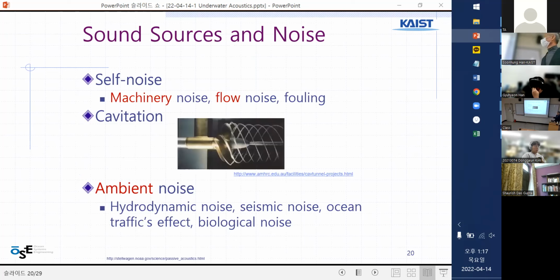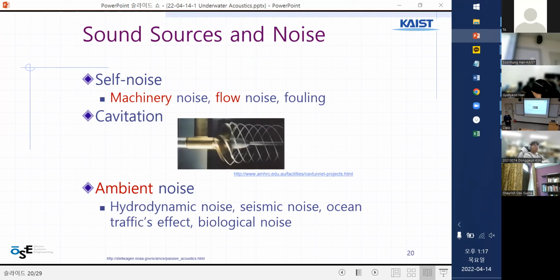And sound source and noise in shipbuilding. And for, say, a submarine, because of the enemy submarine, I heard that a Chinese submarine has a very high level of noise, so that is not good for them. But where is the source of noise coming from? In a submarine, it can be machinery and also flow noise.